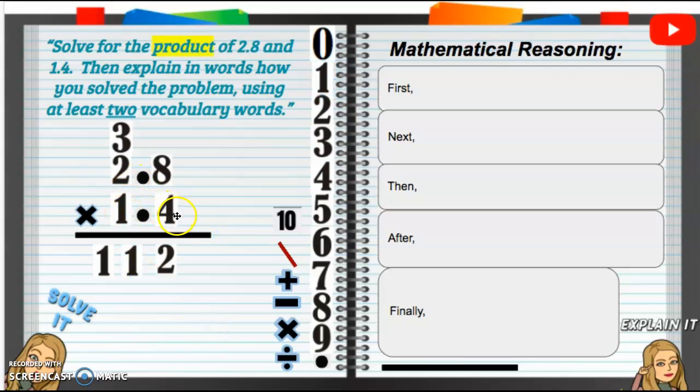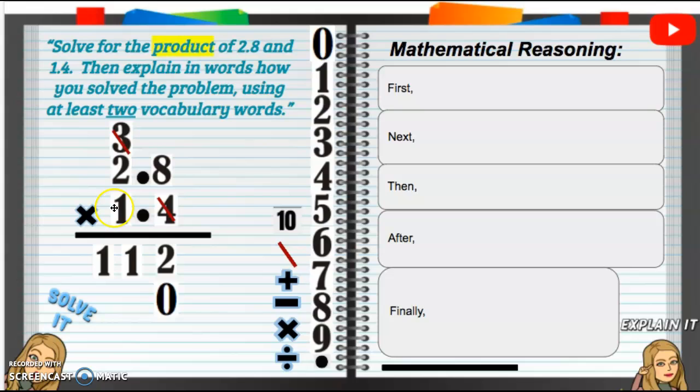Now, we are done with multiplying this 4, so we are going to cross this 4 out, so we know we're done with that, and we are going to put our placeholder 0 underneath that 2. So we're going to put a placeholder 0 under it. I am going to cross this out because we are done with that remainder. So we're going to ignore that. We're done with that. And then we are going to take a look at this 1.